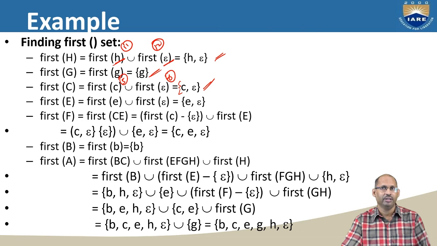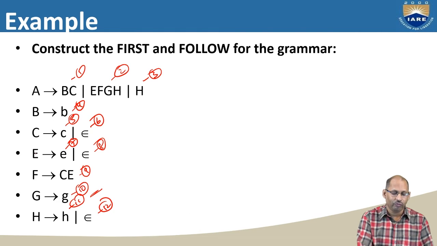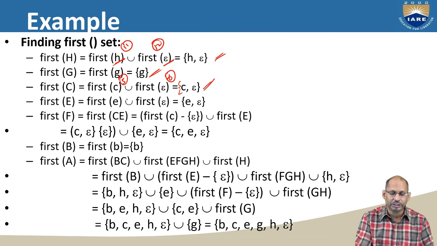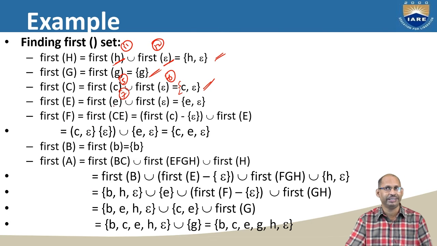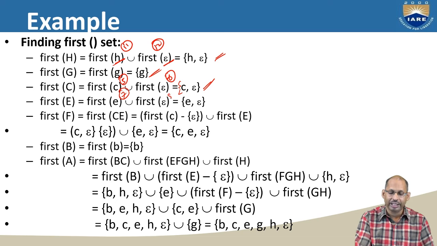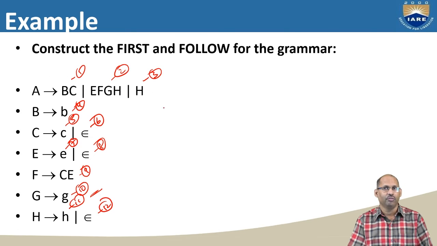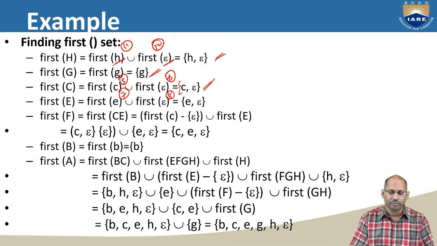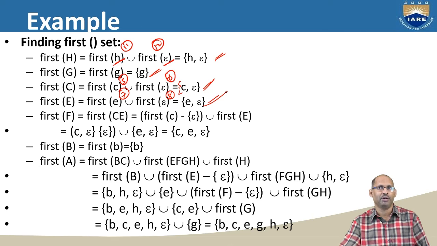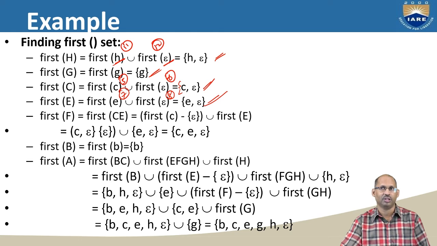Okay, C is over. Then E. From the seventh production, it is E. From the eighth production, it is epsilon. So we write E comma epsilon.